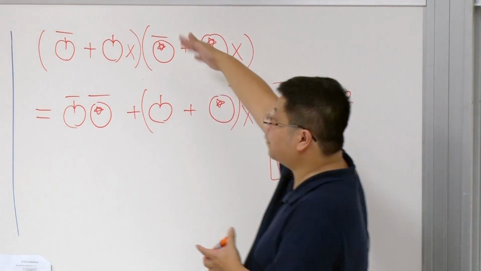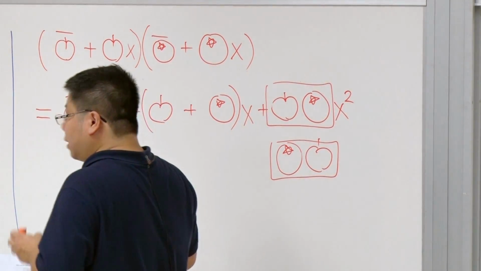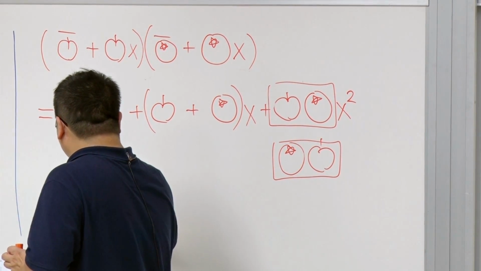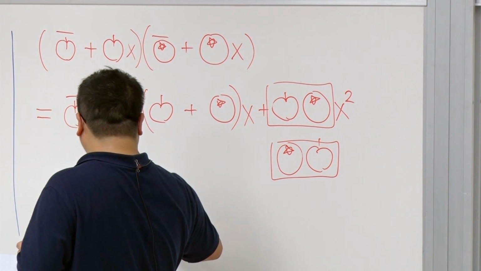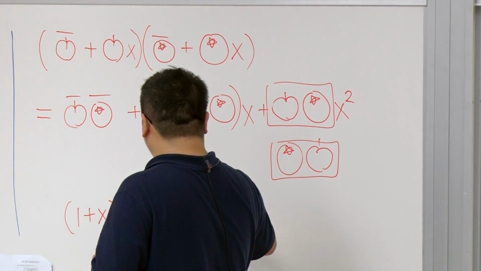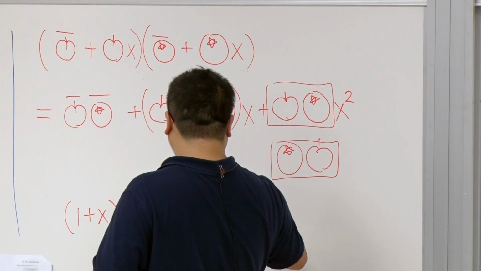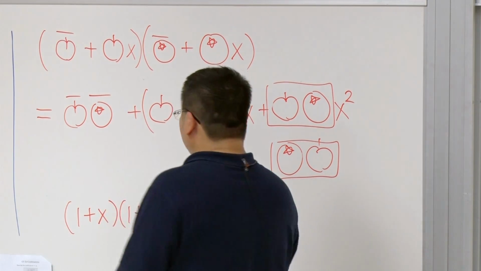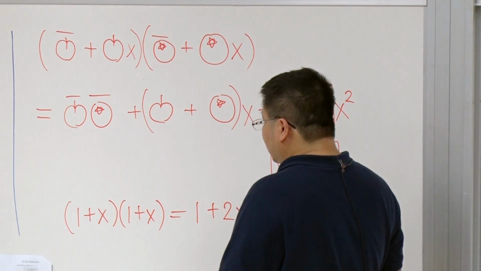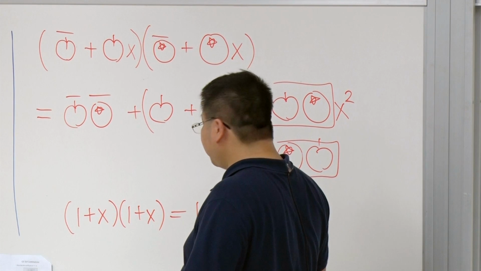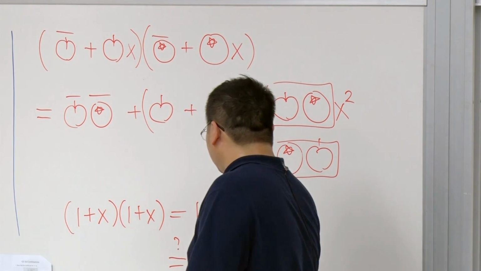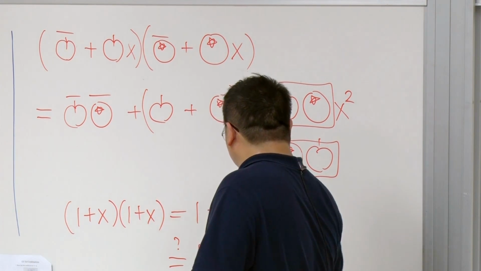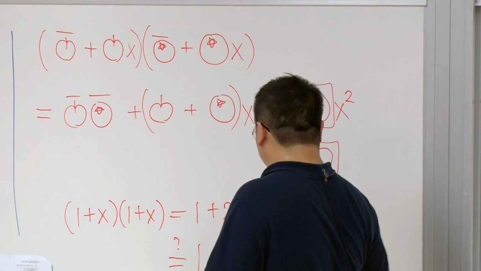For the counting combination case, the corresponding generating function is 1 plus x times 1 plus x. And then we will get 1 plus 2x plus x squared. This is combination. But for permutation, we hope to get something like 1 plus 2x plus 2x squared.